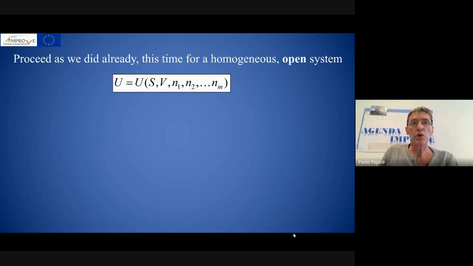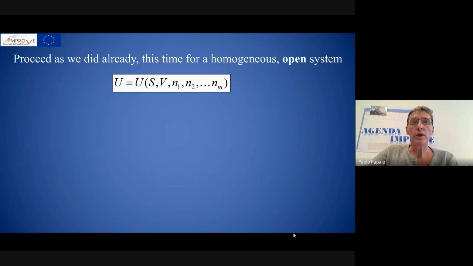Therefore, in order to understand the evolution of the energy for each one of the phases that are exchanging mass besides energy, we must account for mass exchange explicitly. And because we are dealing with multi-component systems, we must consider the variation in the mass of each component within each phase.